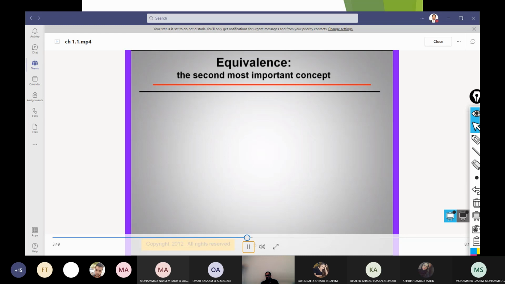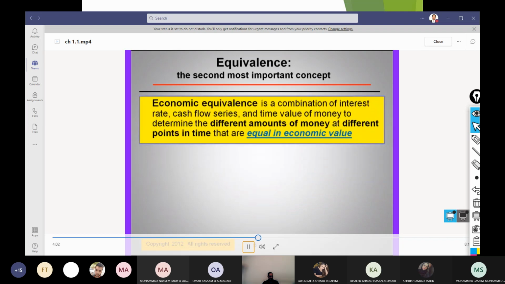Economics combines three vital concepts: the time value of money, the timing of cash flows, and the interest rate. These are combined to develop the equivalence of money over time. By definition, economic equivalence is this combination of interest rate, cash flow series, and the concept of time value of money to determine different amounts of money at different points in time that will make them economically equivalent, or in other words, equal in economic value.